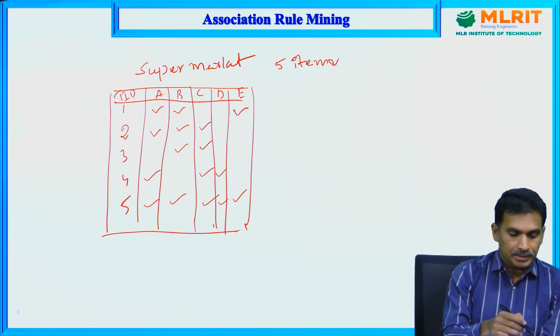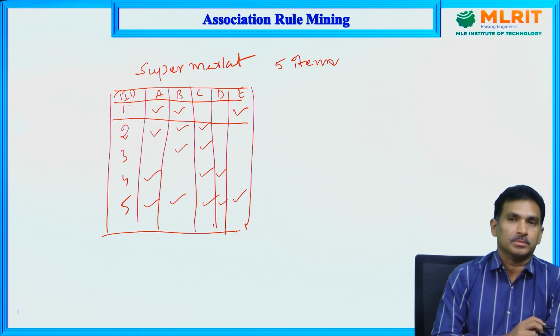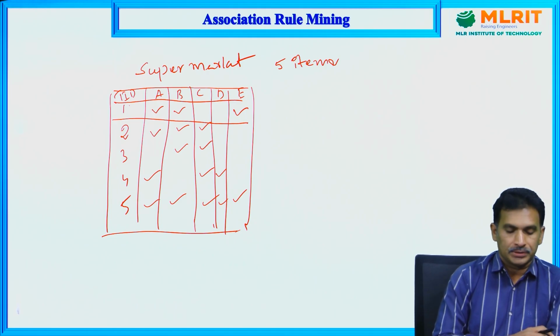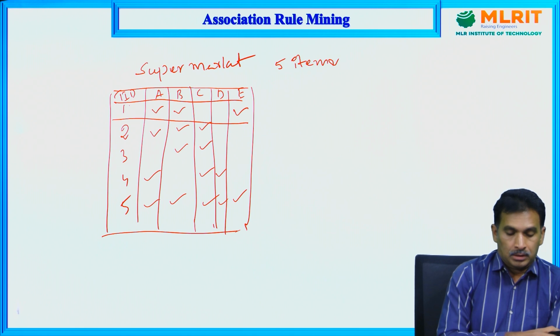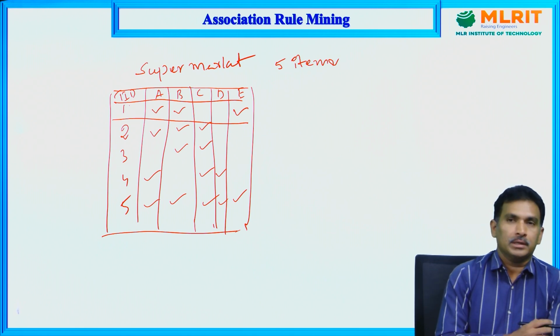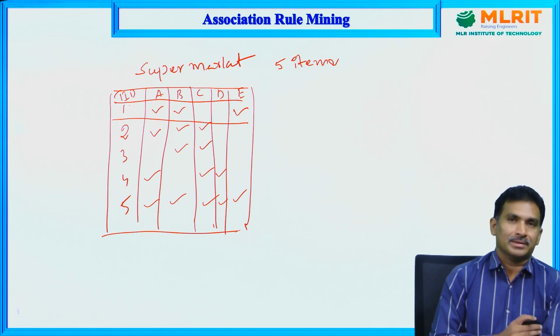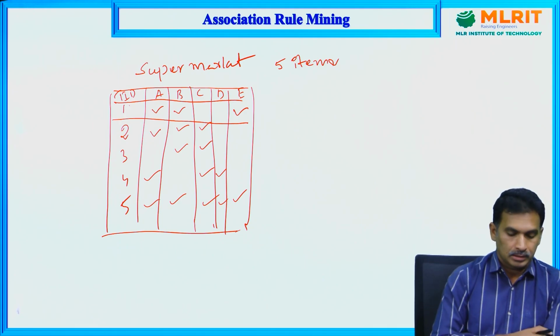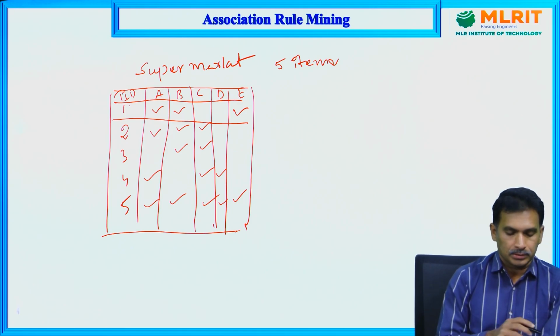Each transaction is done by a particular customer, and would include the items, the quantity of each item, the unit price, the total price, discount, etc. Everything would be stored in this transactional database. Similarly for the second customer, third customer, and so on.